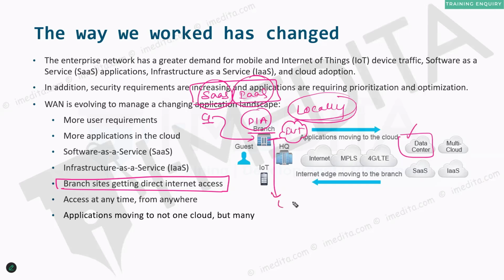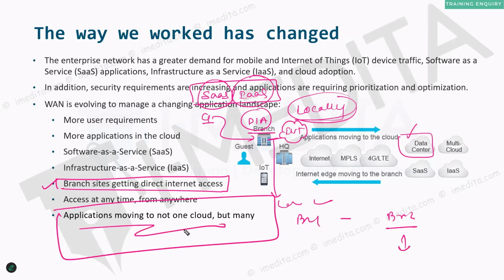Reducing the latency, improving the user experience. Actually, improving the user experience was the objective. So in some branches, you might have this concept called DIA. However, in the other branches, you will still have that central breakout or regional internet access.